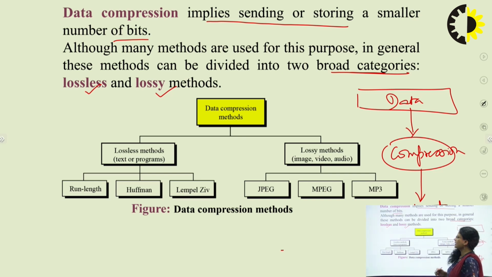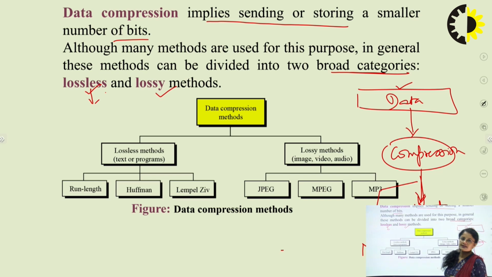If you look at the very words lossless and lossy, we can make out what they mean. In the case of lossless data compression, when we are compressing the data for transmission over the network, there is no loss of information.